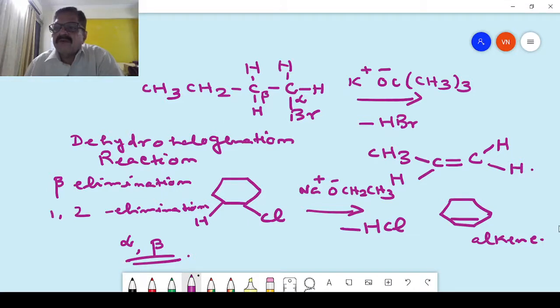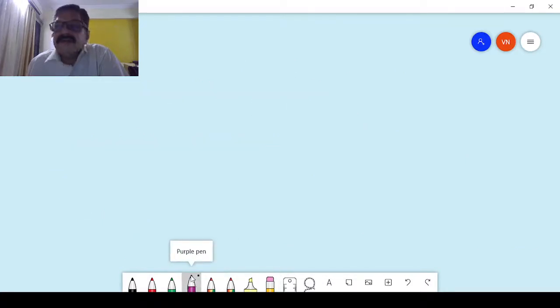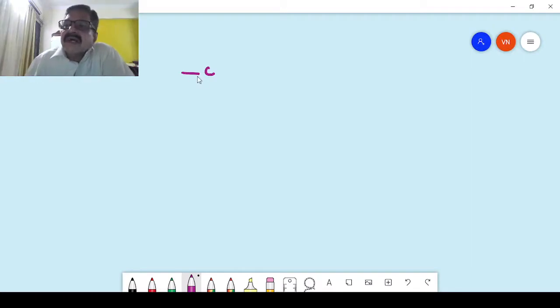Now, how will you write this mechanism? In a simple way, for the elimination mechanism, we have a carbon with a hydrogen here. This hydrogen proton is taken away. The base will attack this proton.